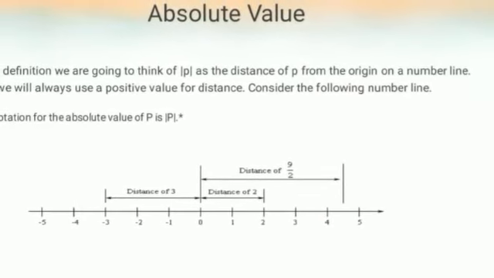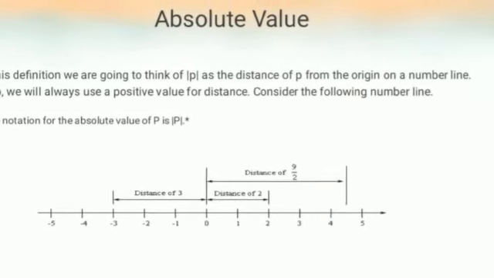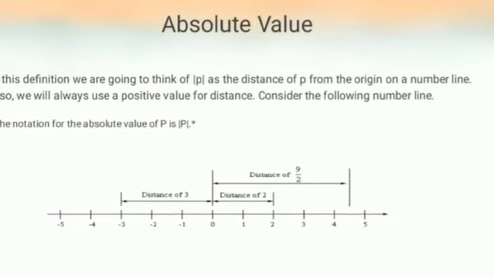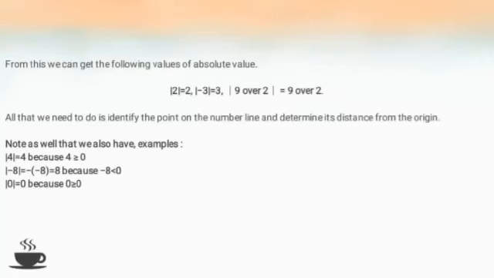All that we need to do is identify the point on the number line and determine its distance from the origin. Note as well that we also have |0| equals 0.